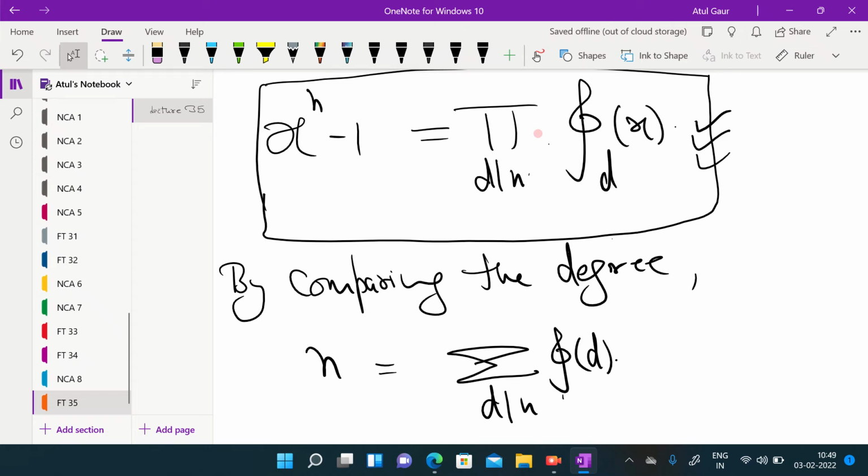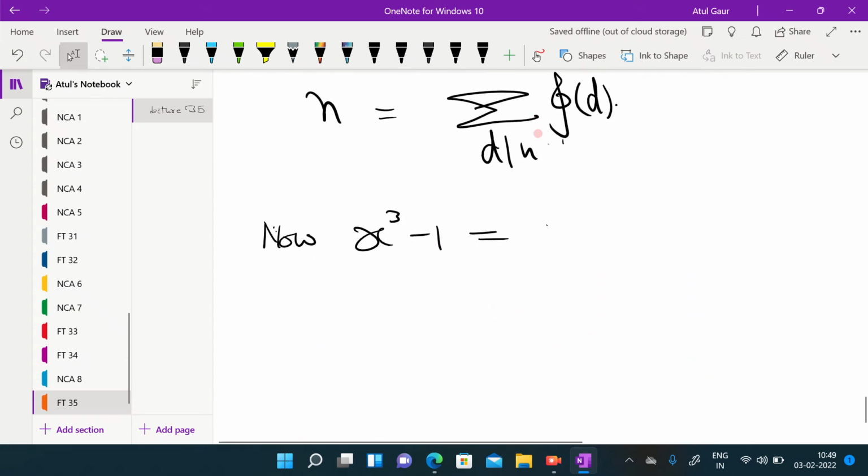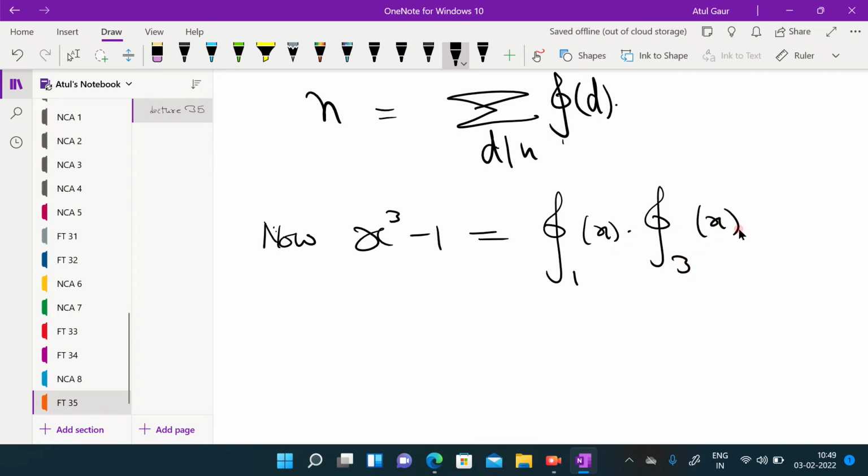So d divides 3, only divisors of 3 will be 1 and 3. So this is phi_1(x) into phi_3(x). So this means phi_3(x) will be x^3 minus 1 divided by phi_1(x), x minus 1. So it's x square plus x plus 1.